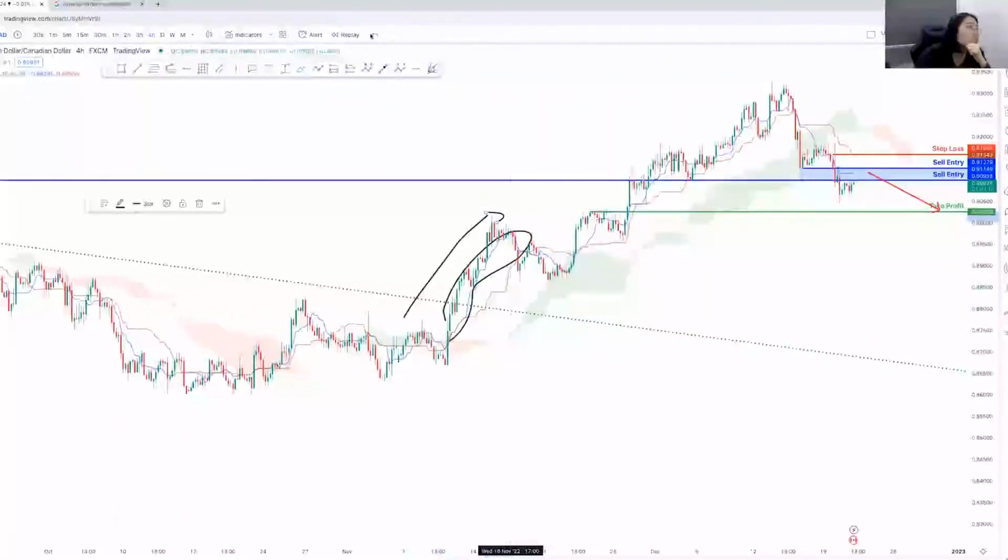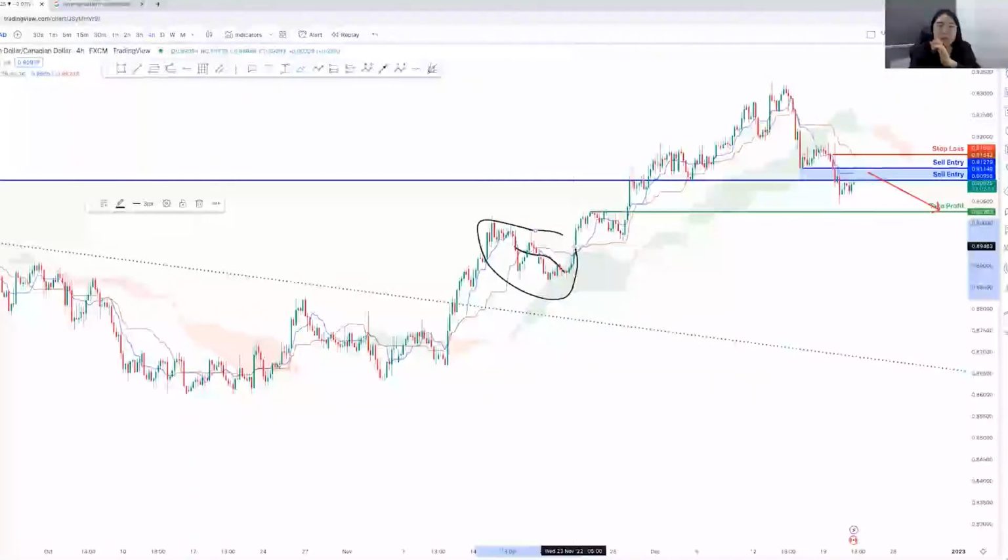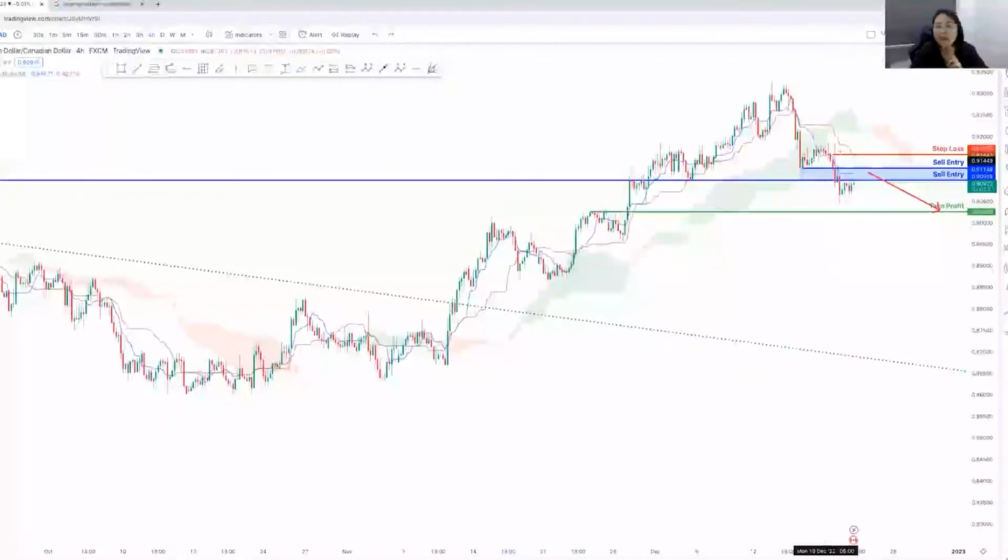Okay, so we can see, like from the past, whenever the blue line crosses the red line to the downside, you can see that there is bearish momentum. You can see that the bullish momentum is losing strength and the bearish momentum is gaining. So this blue line and this red line work like some kind of moving average.